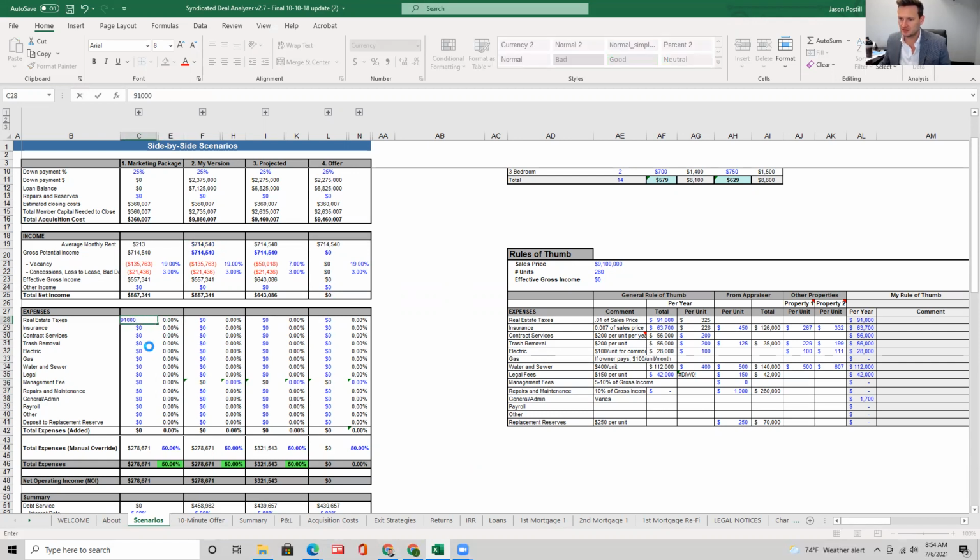It's pretty heavy. Insurance, let's see, they had 78.89. That's about right. Contract services, they didn't have. They had, so lawnmower, let's see, 21,000. Yeah, so far.